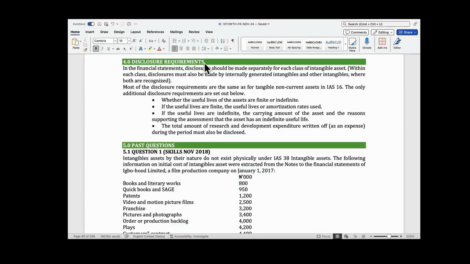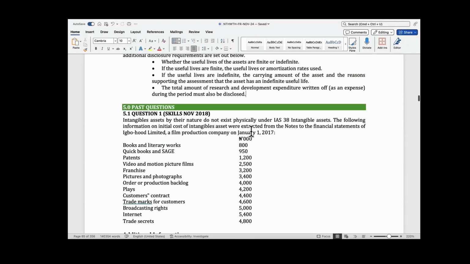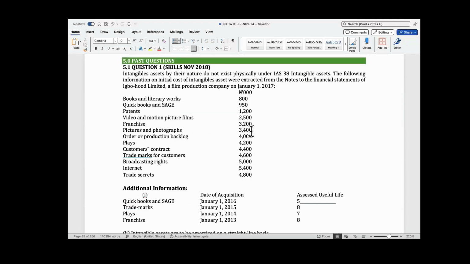Okay. If there are no further questions, I need somebody to read this question for us. It's 5.1. Intangible assets by their nature do not exist physically under IAS 38 intangible assets. The following information on initial cost of intangible assets were extracted from the notes to the financial statements of Igbo Wood Limited, a film production company on January 1st, 2017.